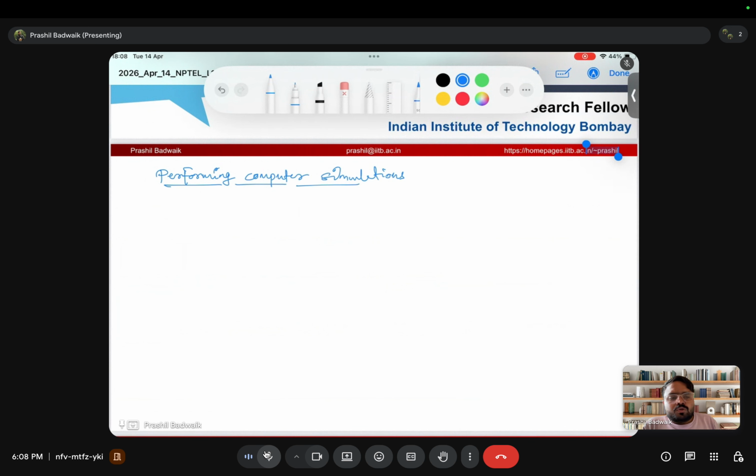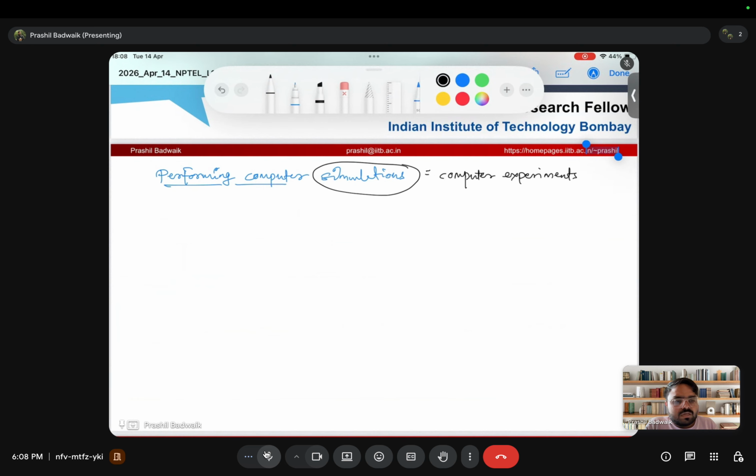So what do we need to perform simulations? Simulations are basically computer-based experiments, right? If you want to do any experiment, you need something, right?